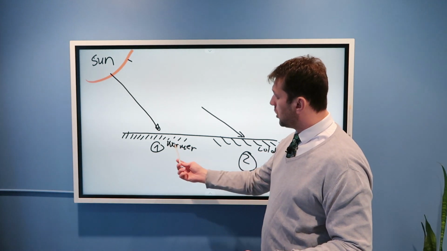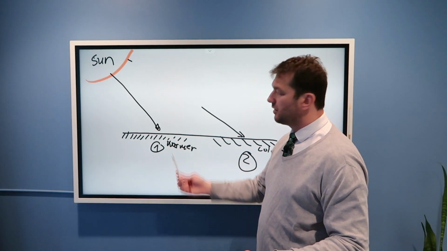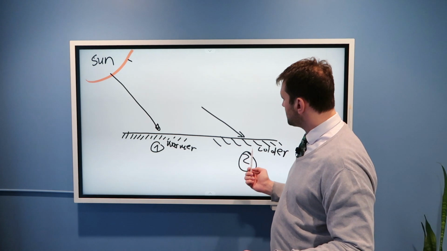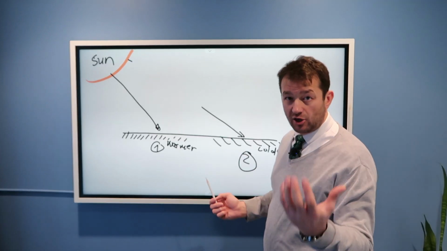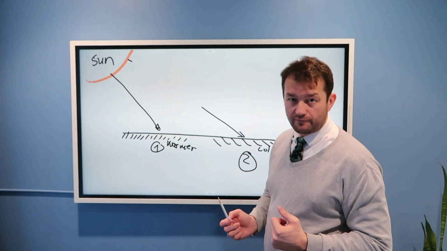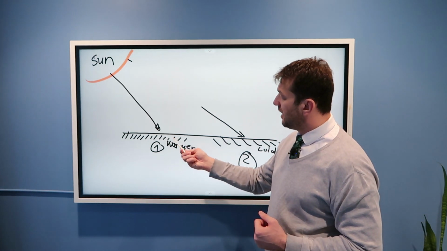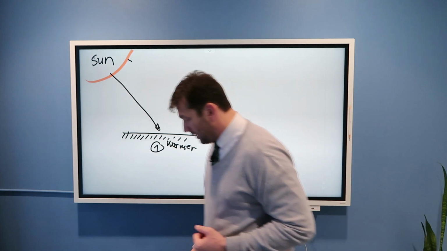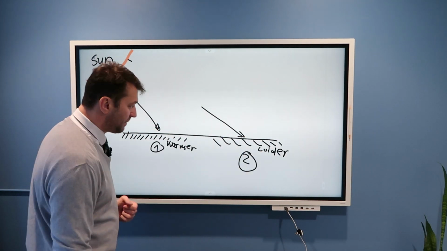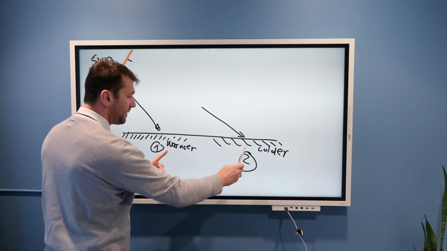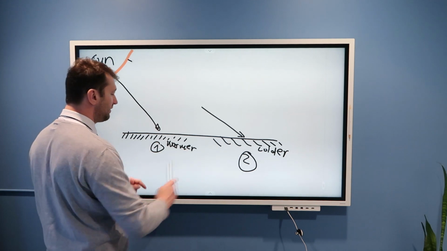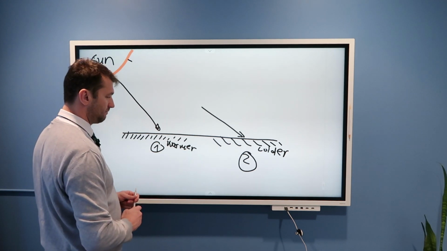If this one has a lower thermal capacity, it will heat up faster. Perhaps this is water that takes a lot of energy to change temperature for just a few degrees Celsius, and maybe this is land, soil, with lower heat capacity. So differences in heat capacities can result in differences in temperature.